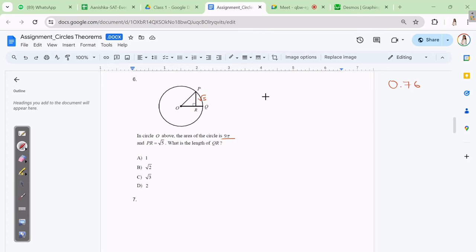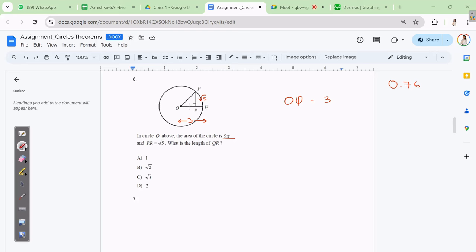So I found the radius, that's 3. So OQ is always 3, and then I saw the triangle and I thought it was a 45, 45, 90 triangle. So I thought QR was also going to be root 5, and then I tried to minus 3 and root 5 to get 0.76.